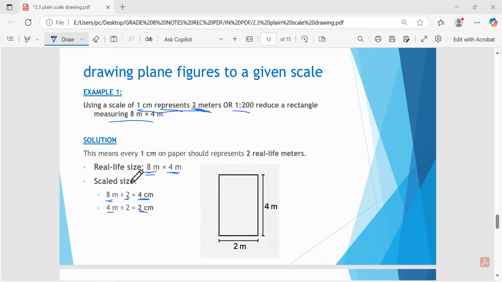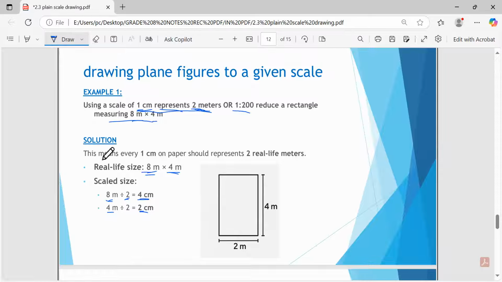Now let us continue. You've been given a scale of 1 centimeter to represent 2 meters, and then you're told to reduce a rectangle measuring 8 meters by 4 meters. So you say this means that every 1 centimeter on paper should represent 2 meters on the ground.